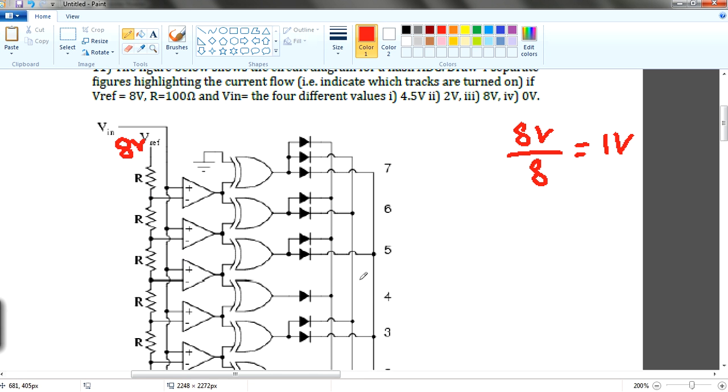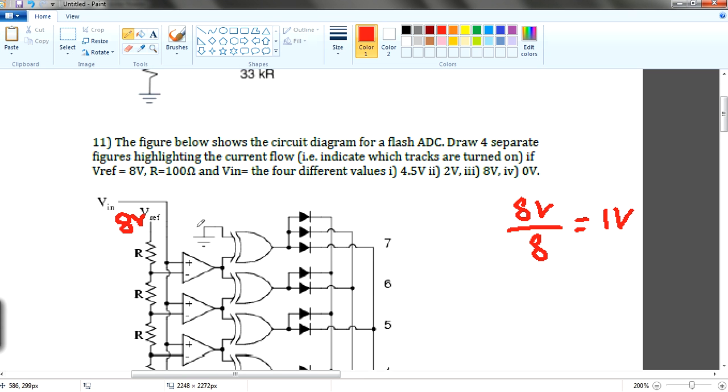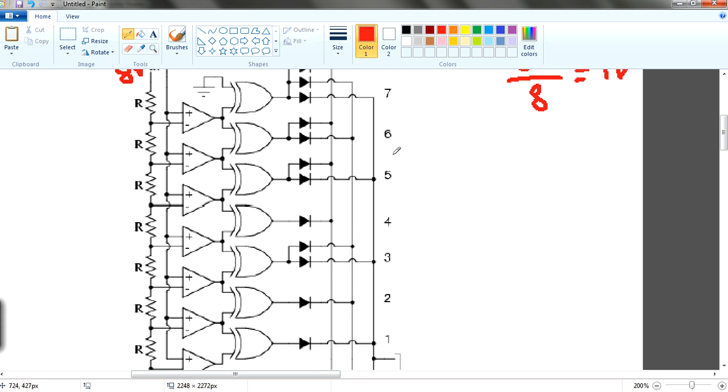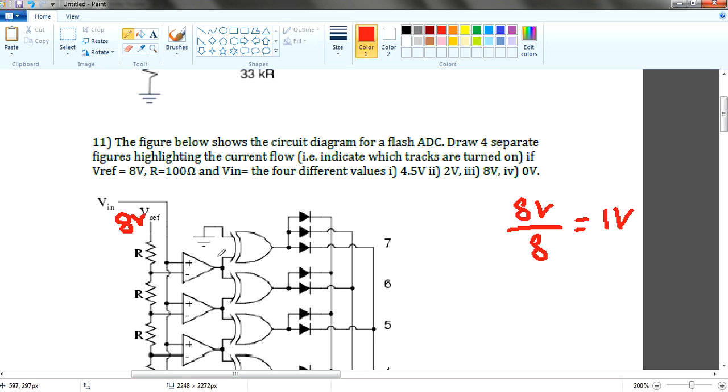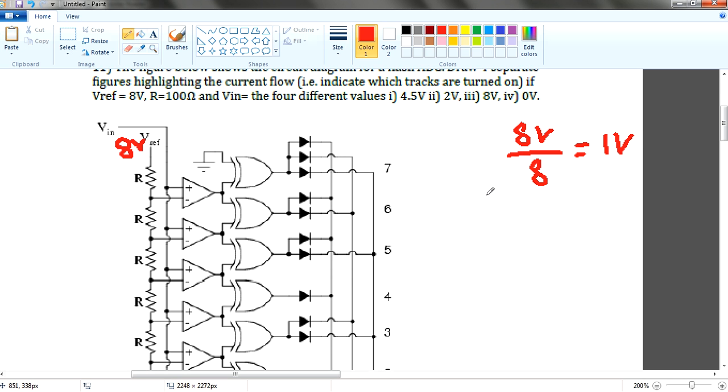I may not have told you that, but this is actually the flash ADC. This flash ADC is connected in series. These references are connected in series. As you can see, they are all in one straight line, and then they are tapped into the comparators.